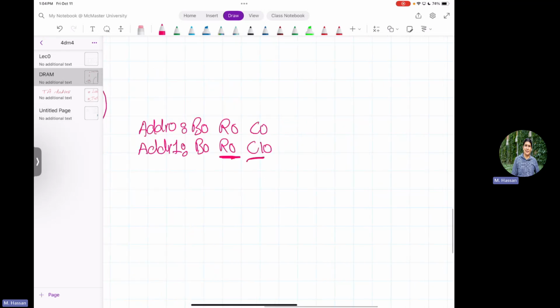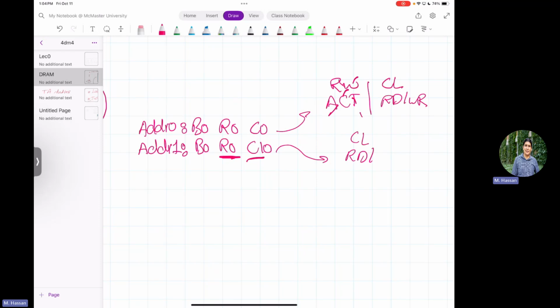Unlike the first address, which needed a row activation and then a column read or write, this next address didn't need an activation stage at all. It only needed a column read or write, because it's targeting the same row that is in the row buffer.